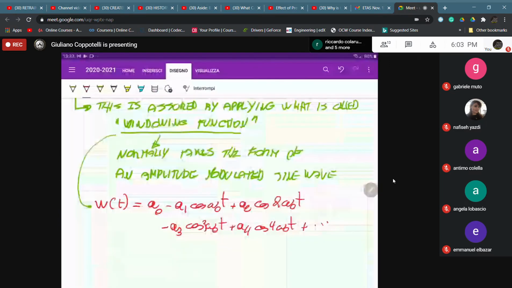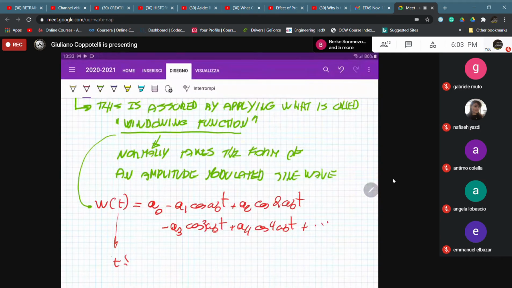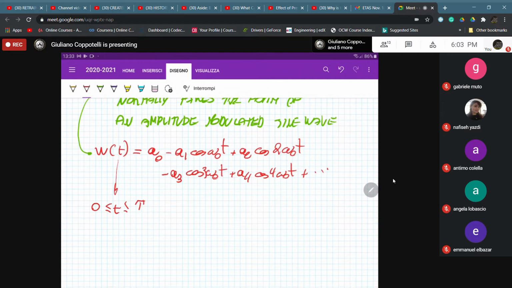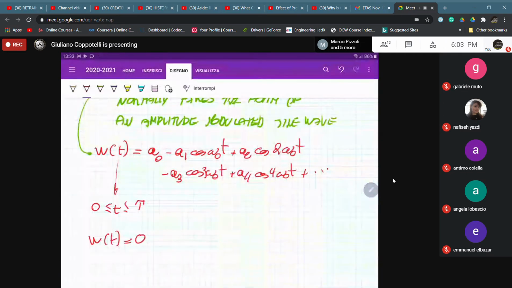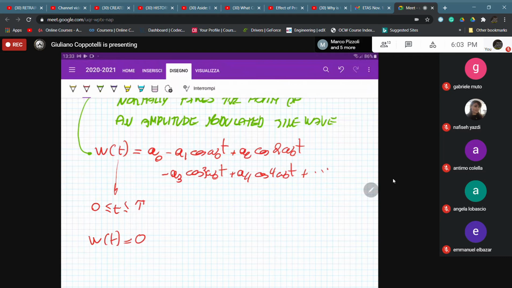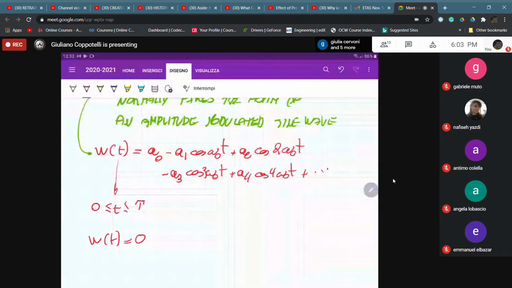Okay, and that is true when t is within your observation time, that is from 0 to capital T. On the other side, w(t) is equal to 0 otherwise.